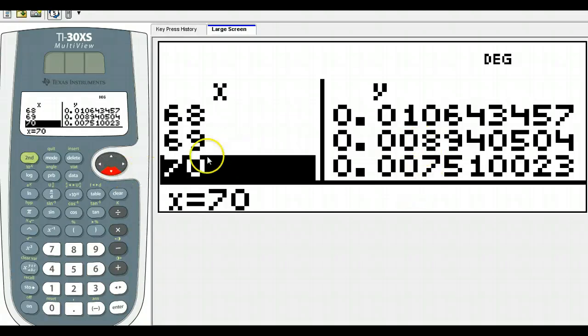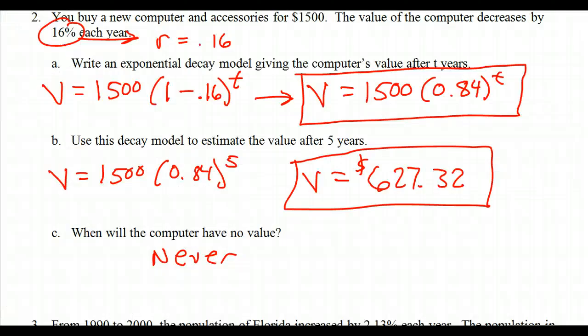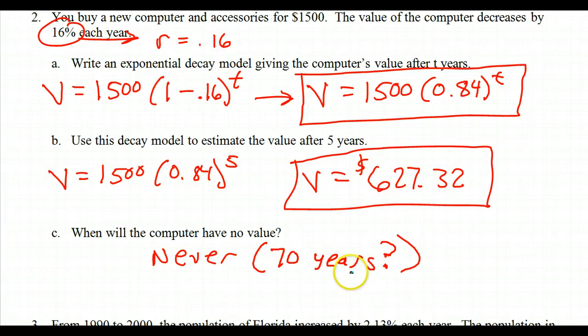Right around 70 years or so, this is going to start to round, we're down to a penny after about 70 years. It's just a matter of where you want to call it worth nothing.